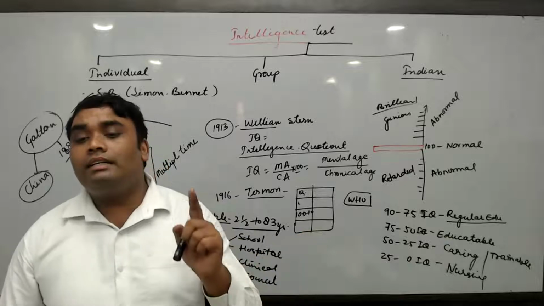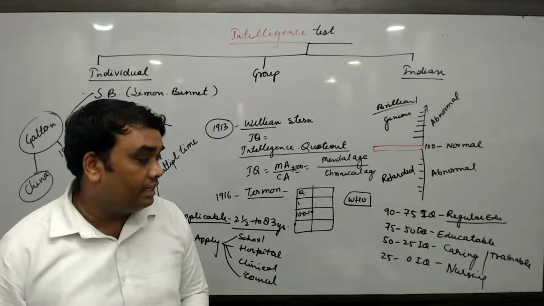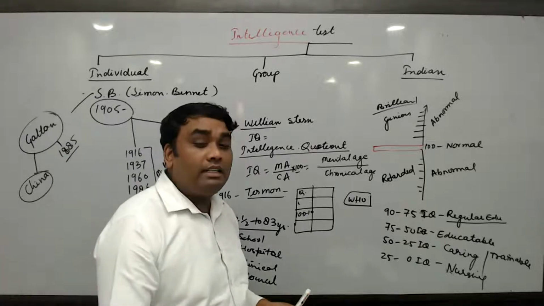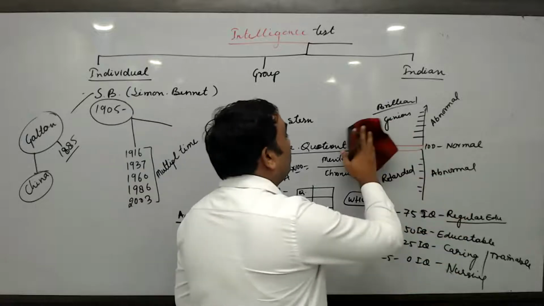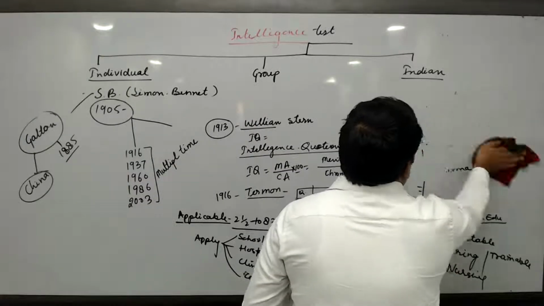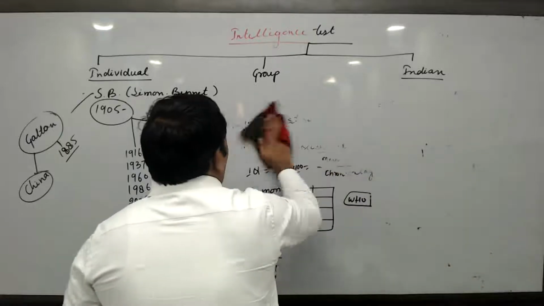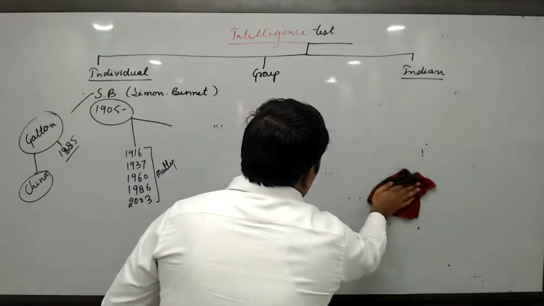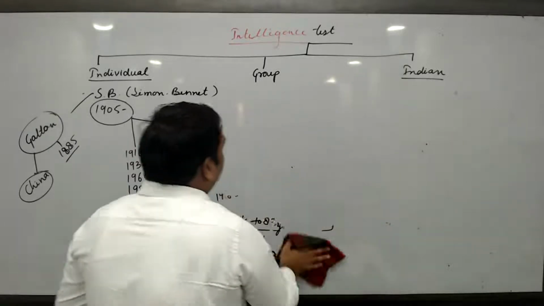It is given in class 12, chapter 4, the disorder chapter, unit number 4. Right now, the second concept of this.